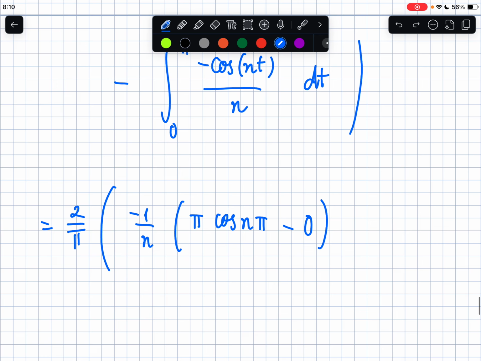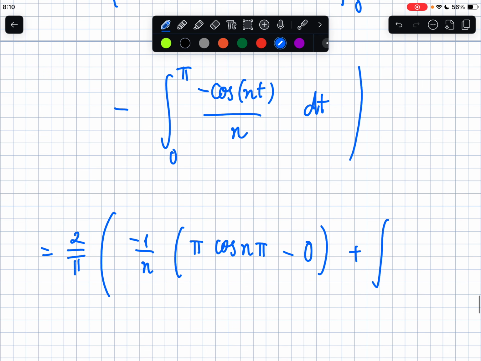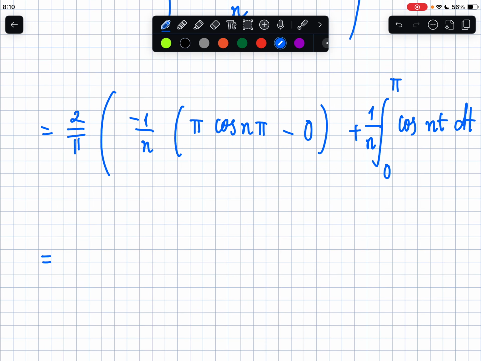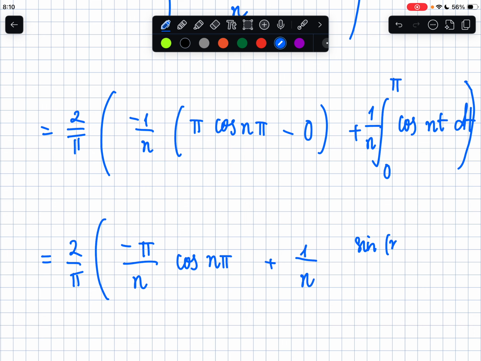For the second integral, you have the integral from 0 to pi of 1 divided by n cosine(nt) dt. So 2 over pi, minus pi divided by n cosine(n pi) plus 1 over n sine(nt) divided by n, from 0 to pi.